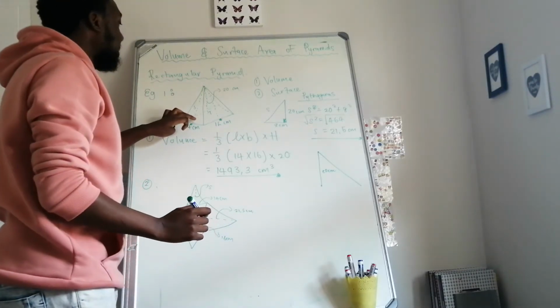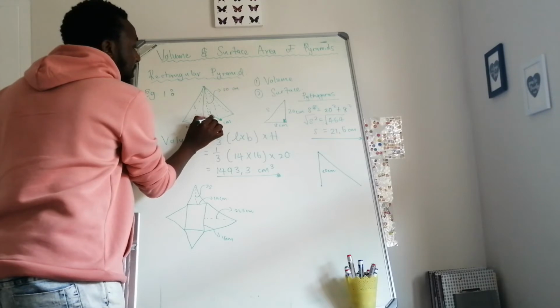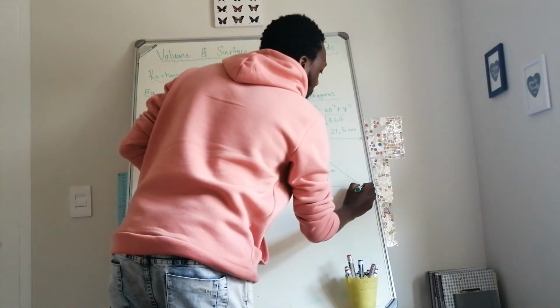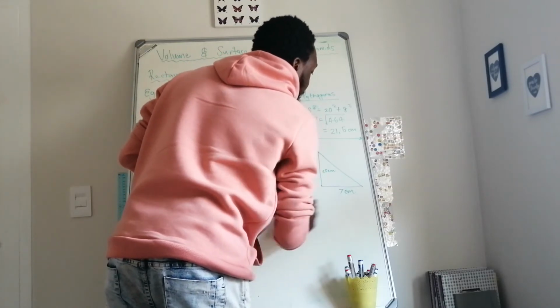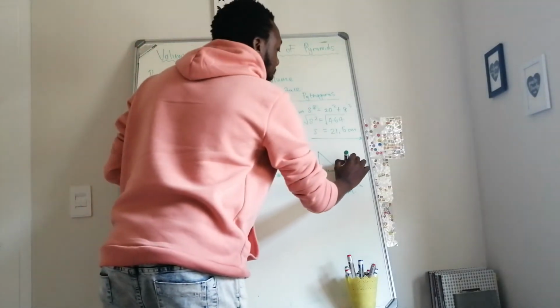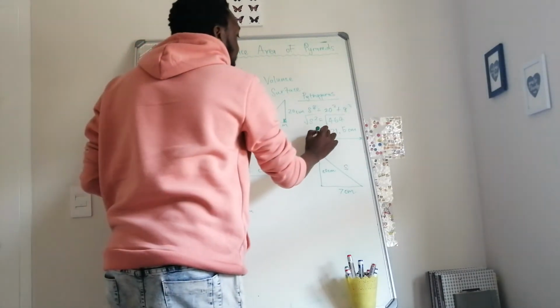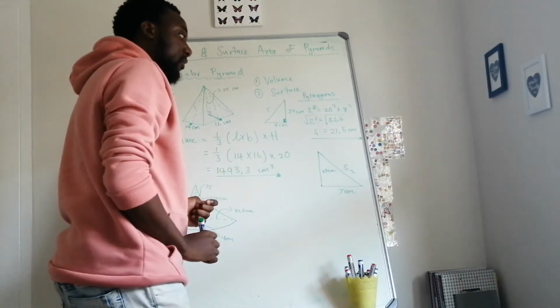And since I'm standing there, the distance from there to there is just half of 14, which is 7 centimeters, right? And I'm looking for this s right there. It's a different s. Let me call this s1. This is s2, right?